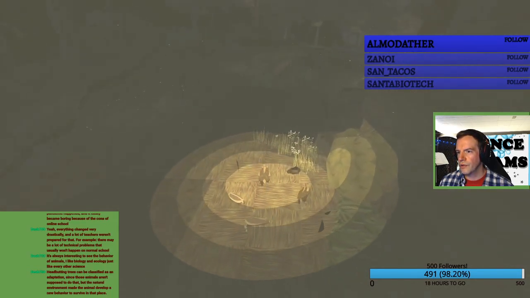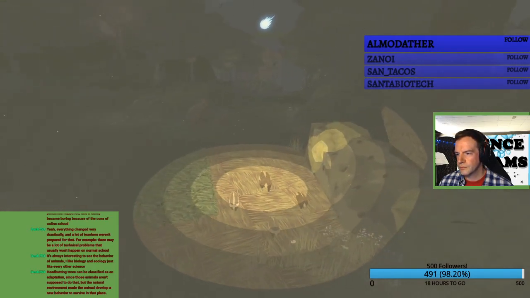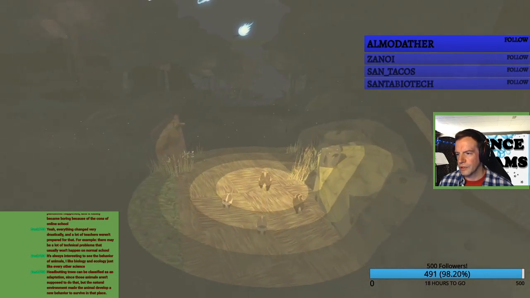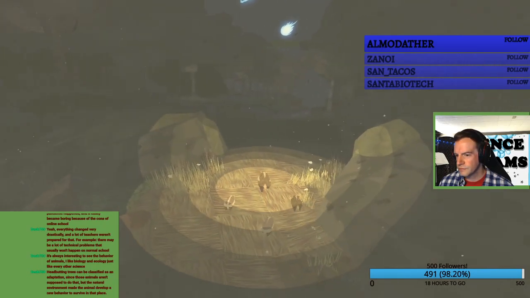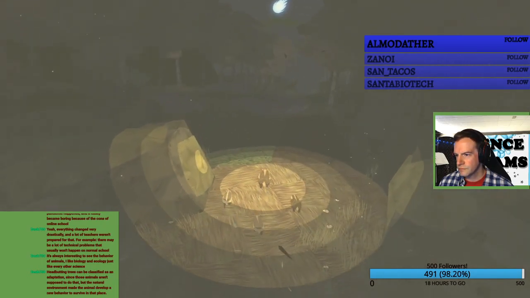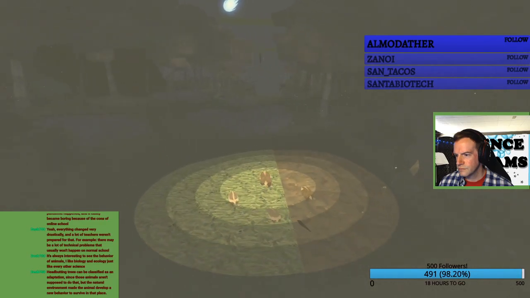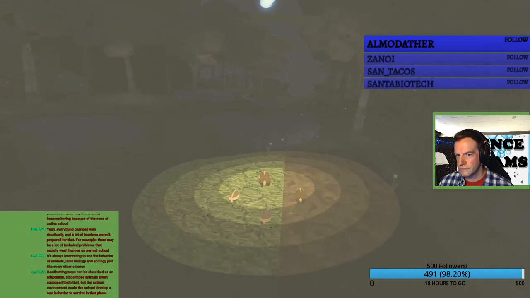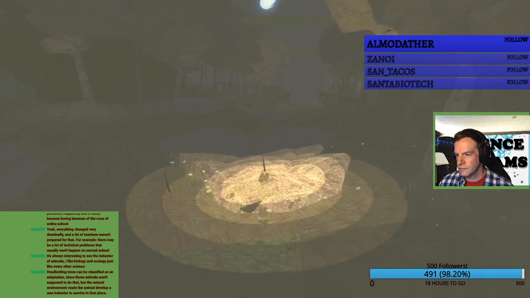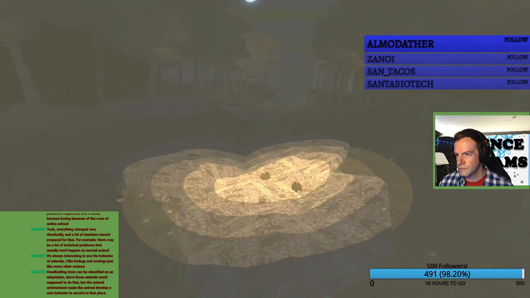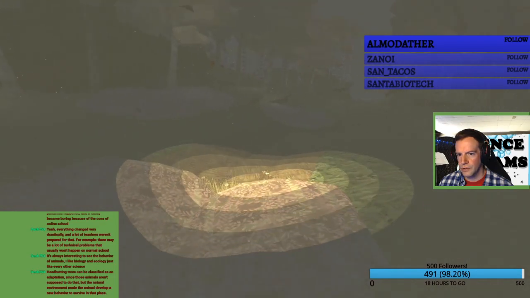Oh, this level's so hard. We're almost done. I only got 3 little ones left though. Finally got some shelter here, some cover. Good.